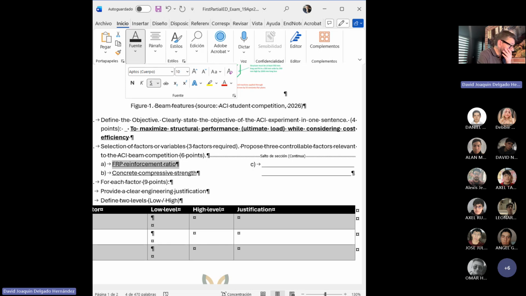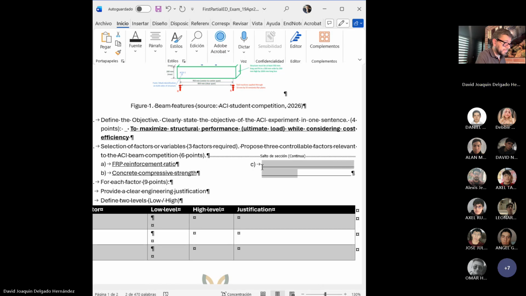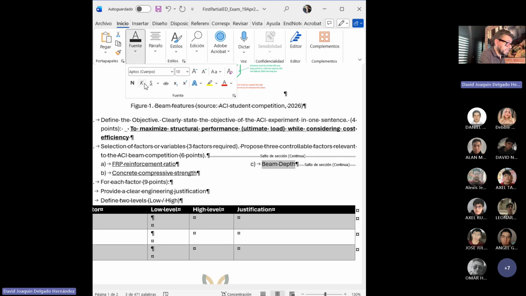Okay, and the third factor could be the beam depth. You can play with the dimensions of the beam. So it is the beam depth. Here we are. And you can underline this, okay?